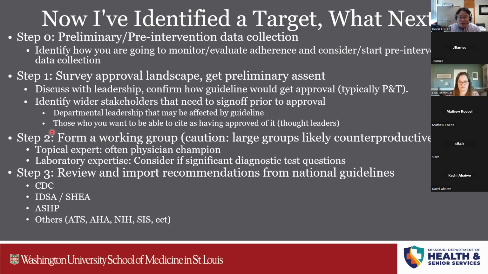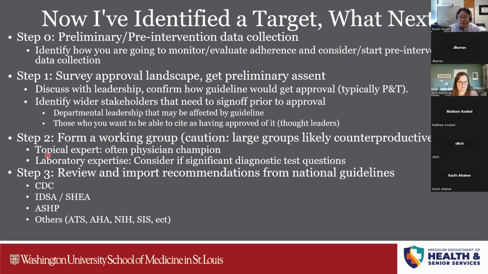And I strongly recommend that anybody who is a thought leader at your institution, somebody whose words other physicians take with a significant amount of authority, you want them to probably have looked at it and approved of it as well.